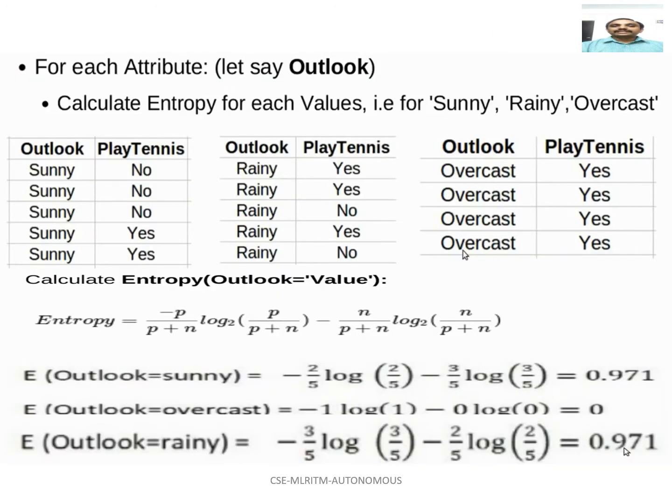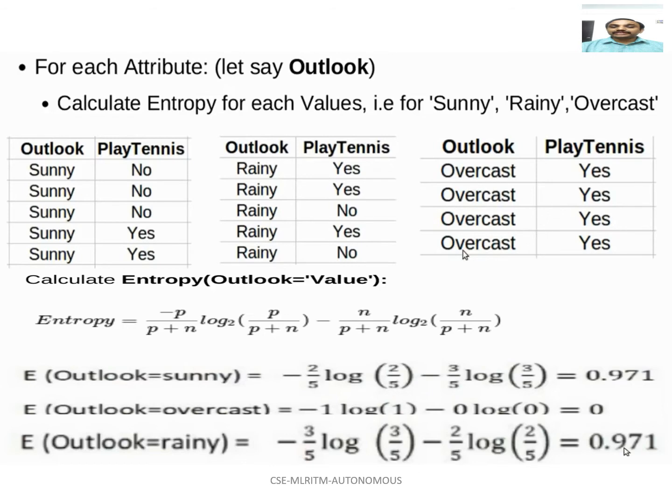After calculation of entropy of the total data set, we have to calculate entropy for each value of the different attributes. So here we are calculating entropy of the outlook attribute values. Those are sunny, rainy, overcast.